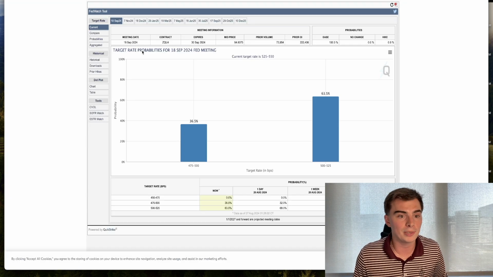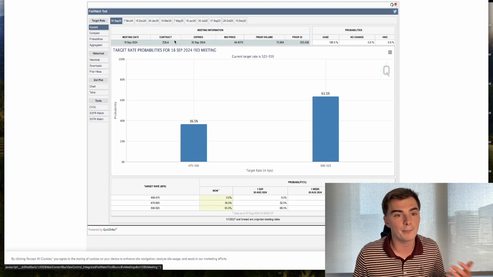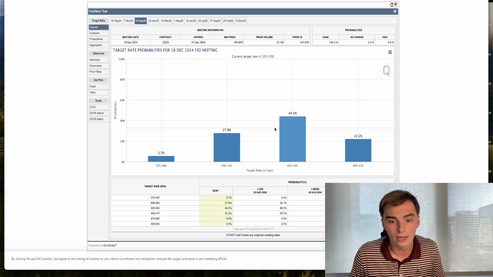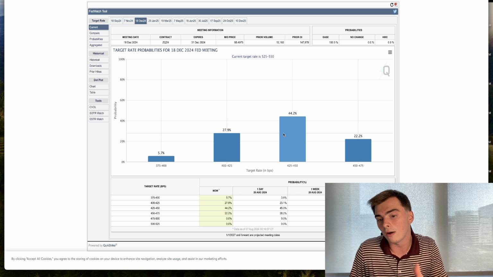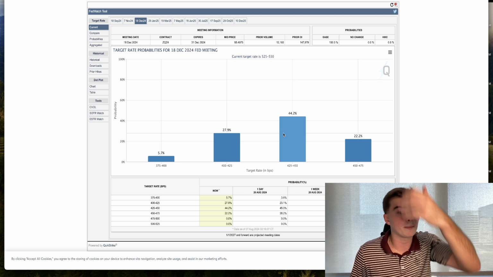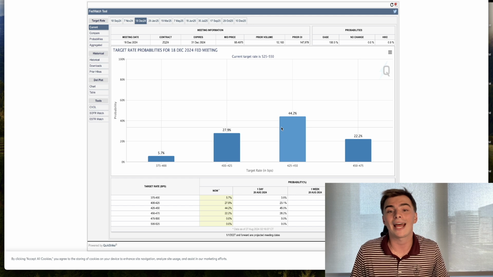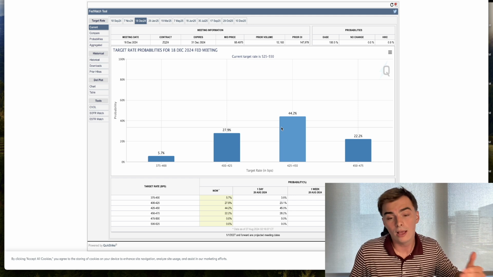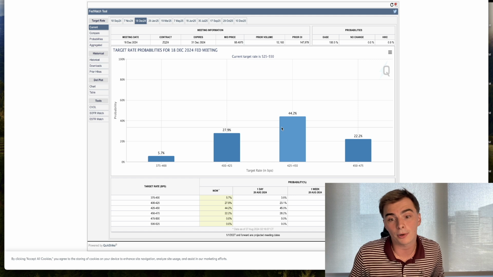Which is why we've been talking a lot about these rate cut expectations going into the end of the year, really hovering between 100 and 125 basis points by the end of the year, meaning that at one of the next 3 Fed meetings we have throughout the end of the year, one of them would be a 50 basis point cut.